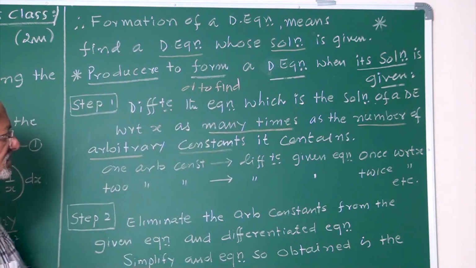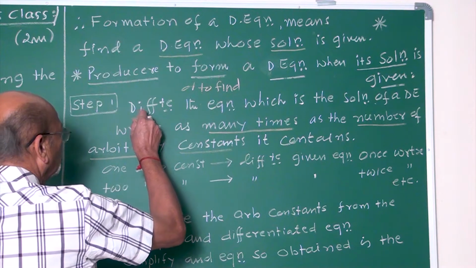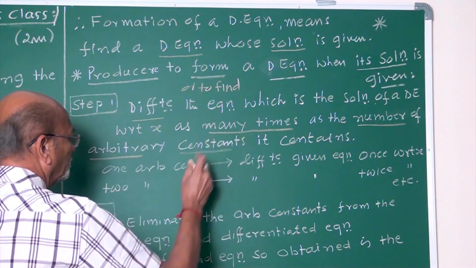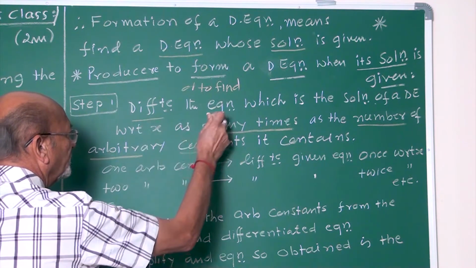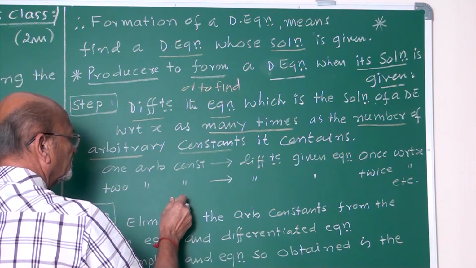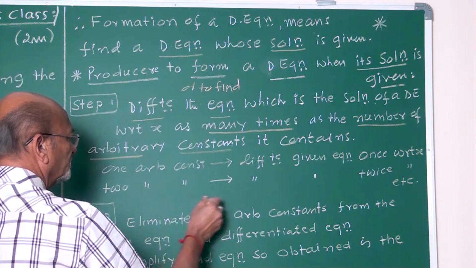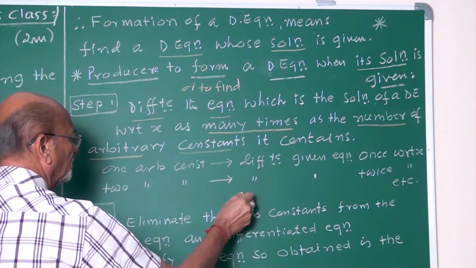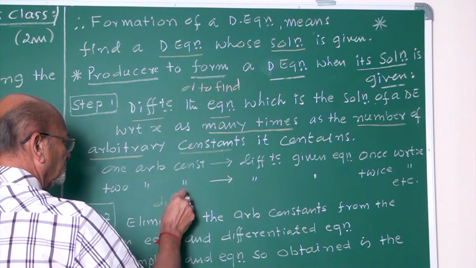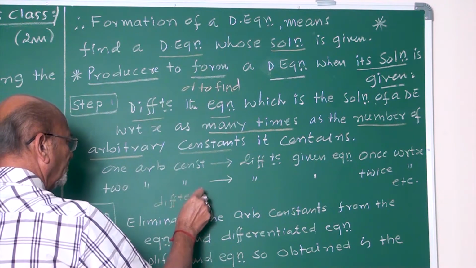What is this, my friends? First step. What are you going to do? You have to differentiate the given equation with respect to x. Then after differentiating the equation, you get what? It is an equation which contains derivatives. You can name it a differentiated equation.